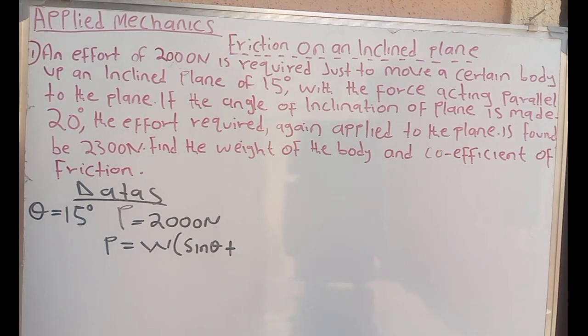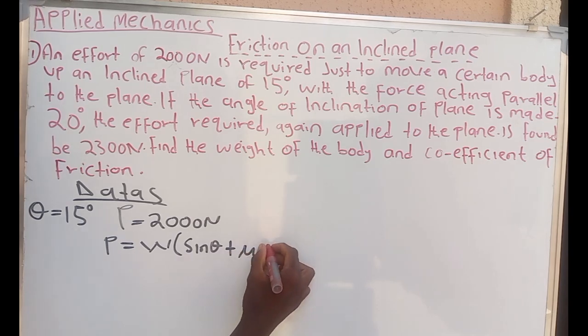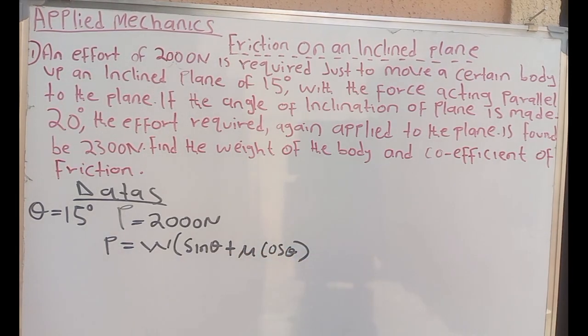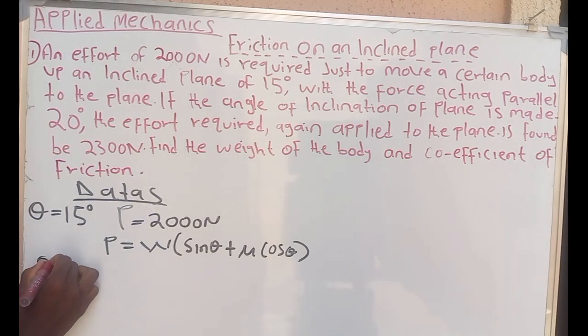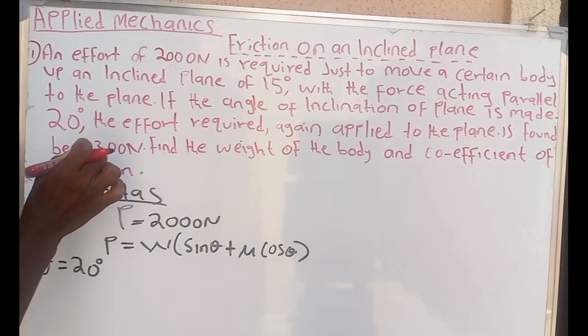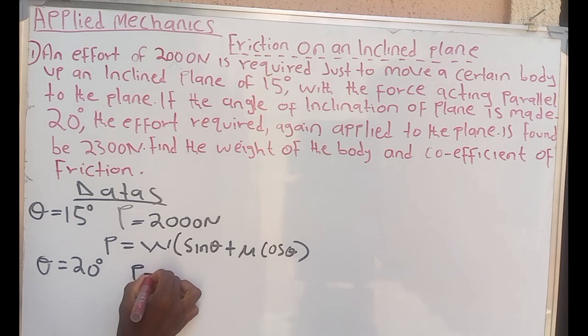Mu is the coefficient of friction. So for the second case, theta is equal to 20 degrees and our effort is 2300.